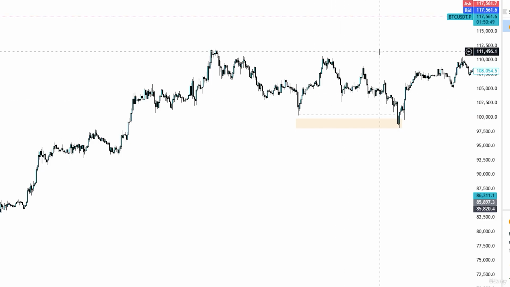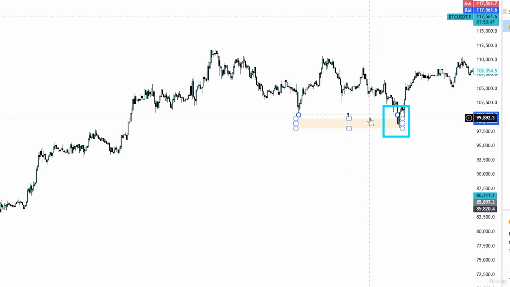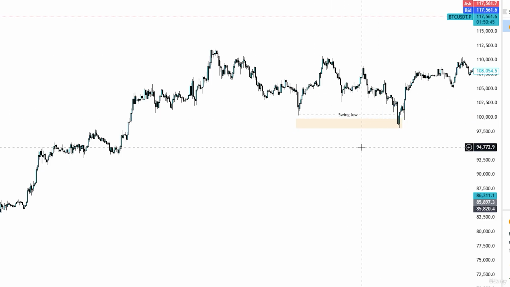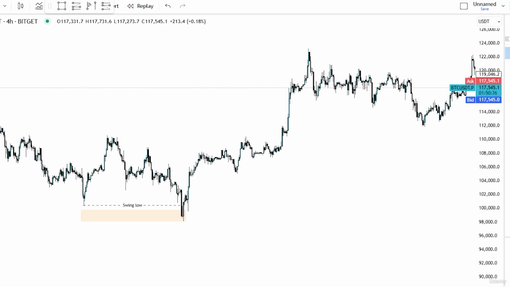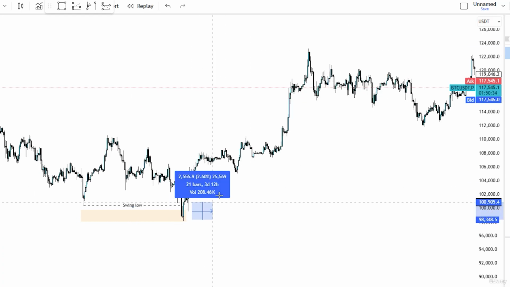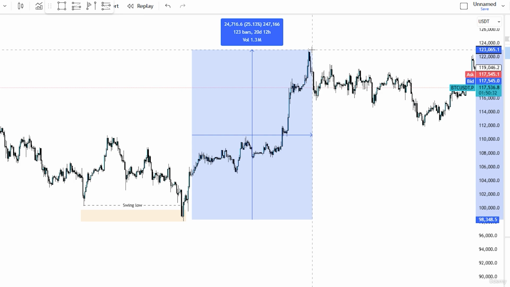It's clearly visible that the price tested this level and then made a 25% move without major interruptions. That's why the areas below or above the swing points work as strong key levels for potential setups. In practice, we would monitor the test of this zone on lower timeframes using order flow and wait for a bullish setup.